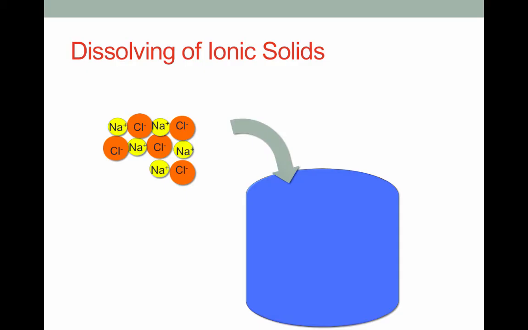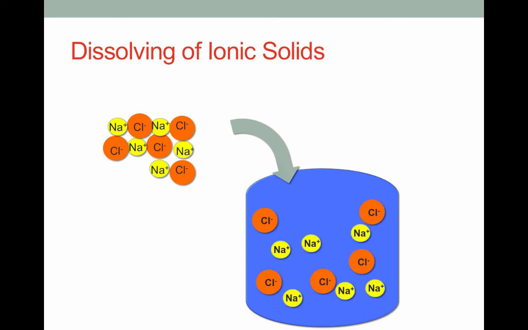Taking a closer look at what happens when we dissolve an ionic solid, here's NaCl. If we put this solid crystal of NaCl in water, it will dissociate. Since it's a 1-to-1 ratio, 1 Na to 1 Cl, we will get an equal number of Na+ ions to Cl- ions when it dissociates. Notice here there are 5 of each.